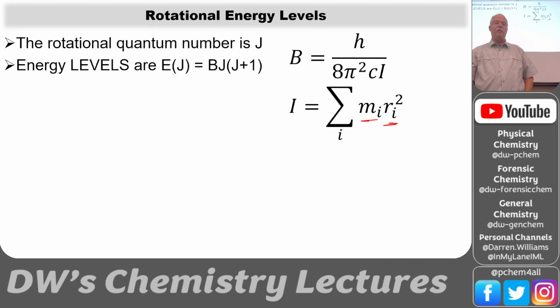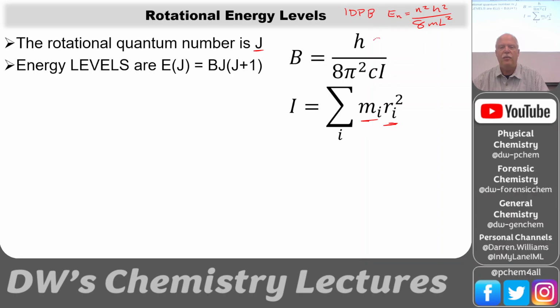So we have a new quantum number. Here's our energy level equation. Every spectroscopy has an energy level equation, and the quantum number is J in this case. So what are the ones that we've had so far? We've had the 1D particle in a box: E of n is n squared h squared over 8ml squared.